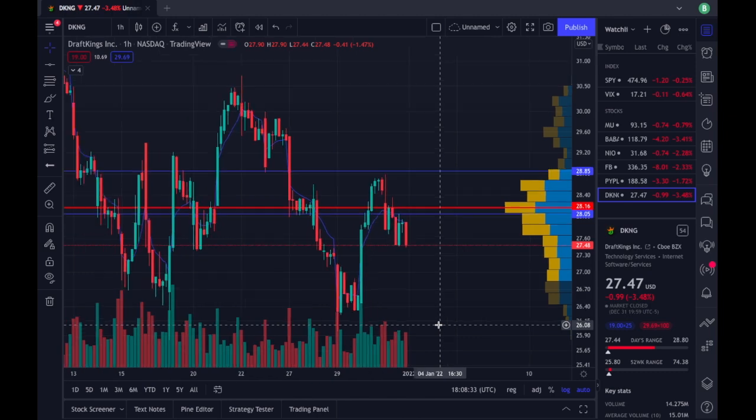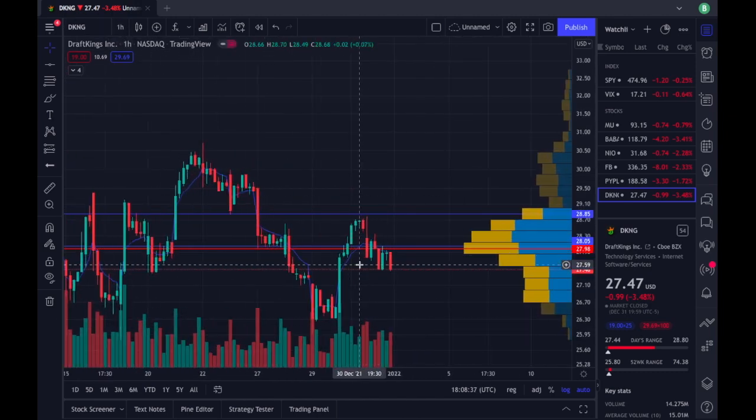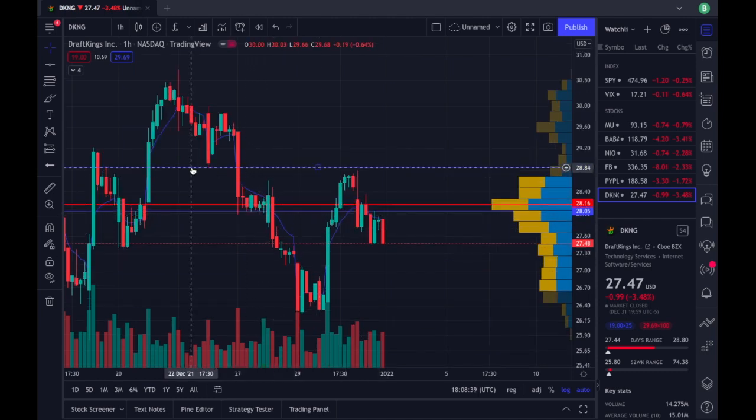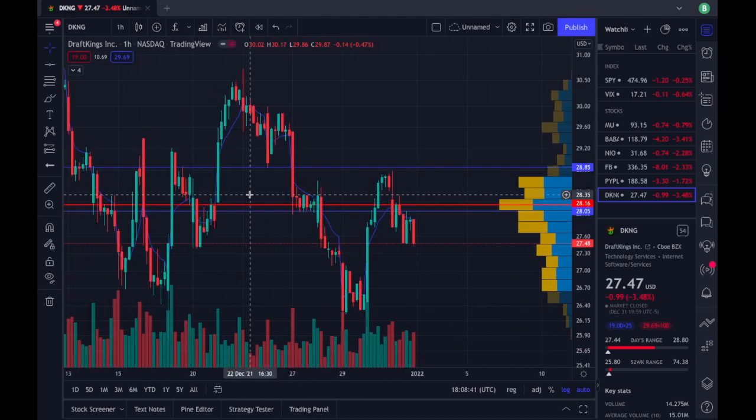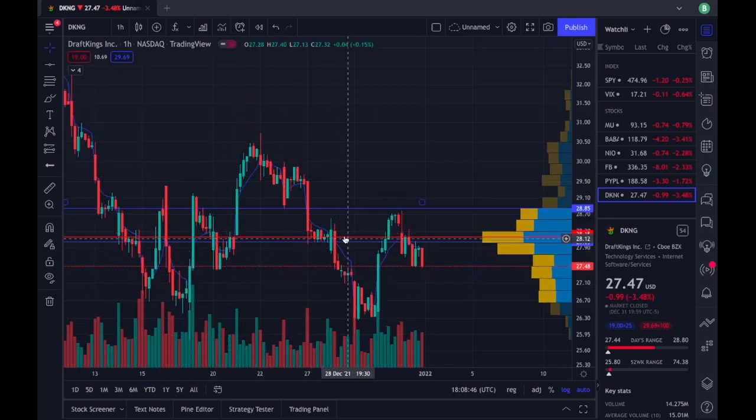So already, these were my zones from the other day. From the other day, I had my zones set right here, right? Because if we look at this chart, just based off the hourly, the bottom of this zone right here, 28.05, has been support of recent, right? And it took a lot to push through it.